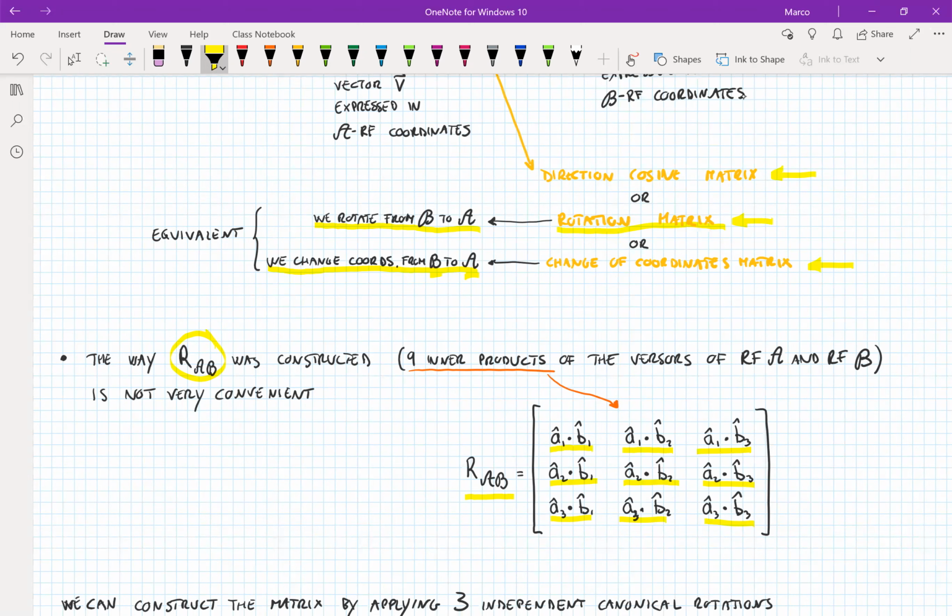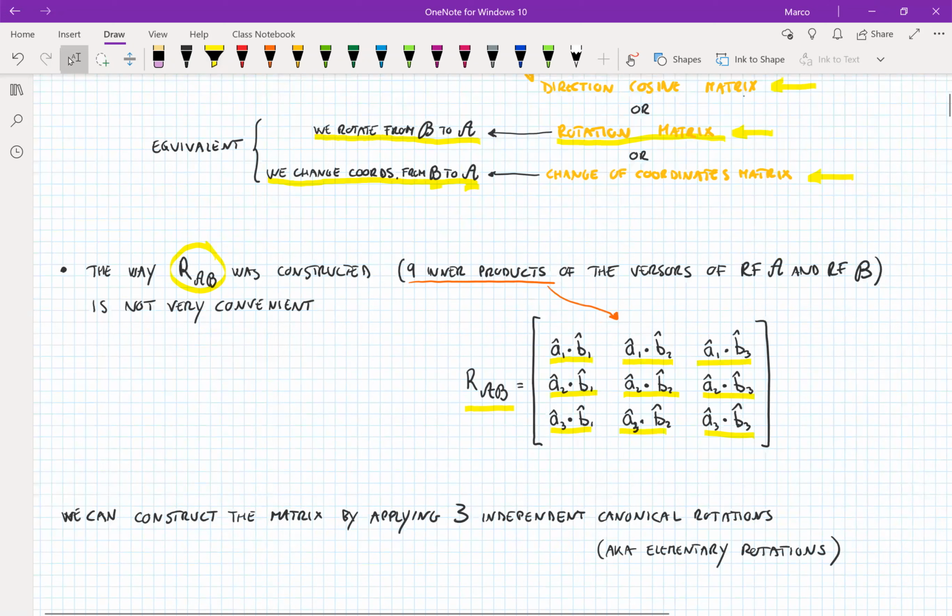Now, this is not a very convenient way of constructing the rotation matrix from B to A, because first of all, there are 9 inner products. It is a possible way, but it's not the most convenient way.